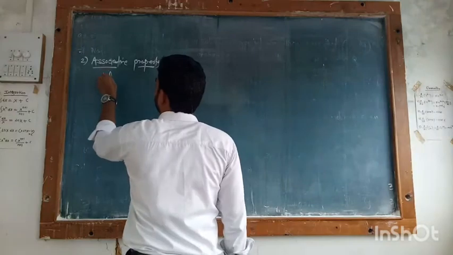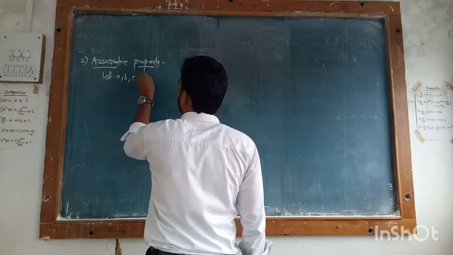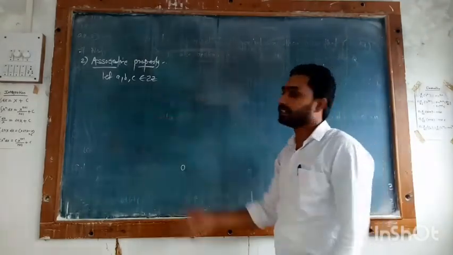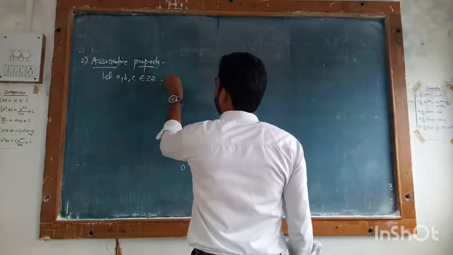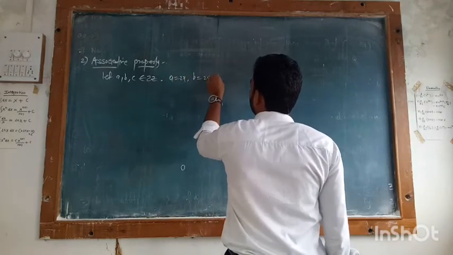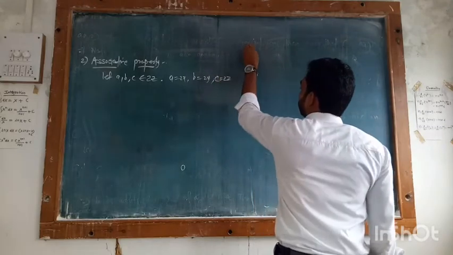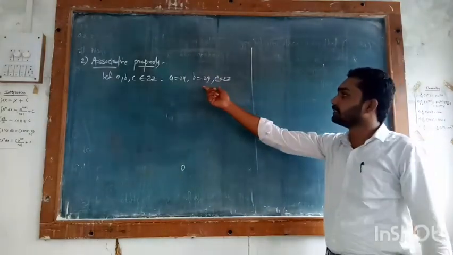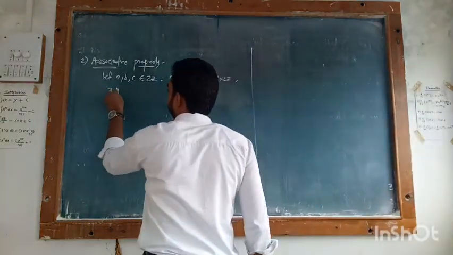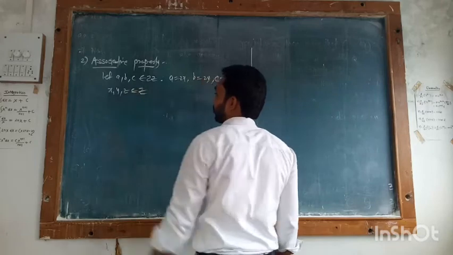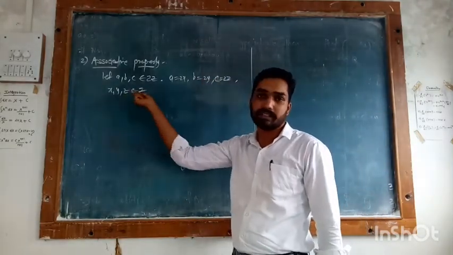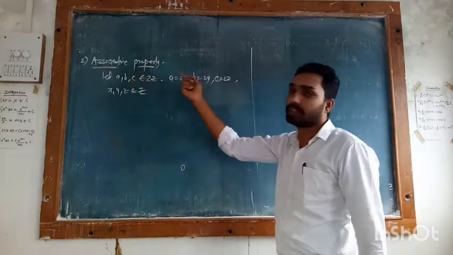Let A, B, C be members of 2Z. A, B, C are three elements from 2Z, where A is 2x, B equals 2y, and C equals 2z, where z is small z. All these x, y, z are members of capital Z, and capital Z is the set of integers. Therefore all these three are integers, and A, B, C are elements of 2Z.